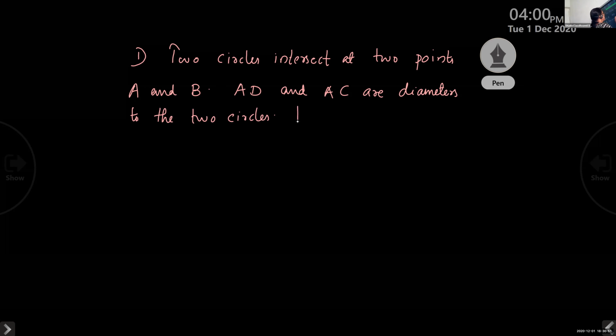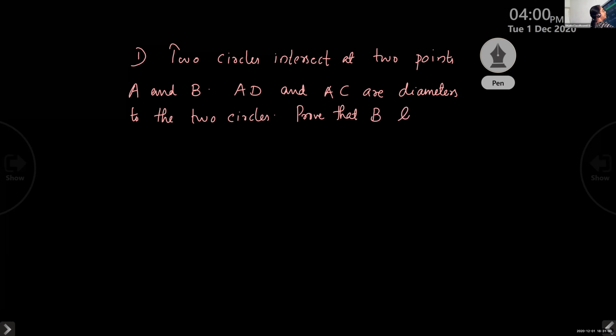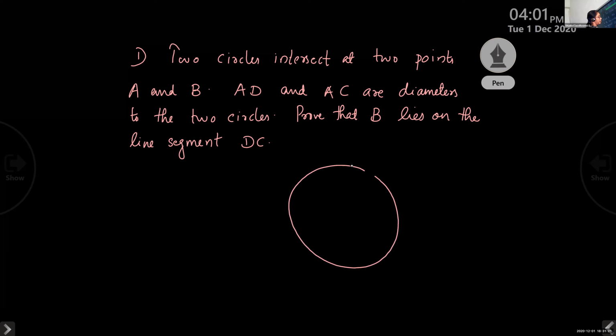Prove that B lies on the line segment DC. There are two circles.